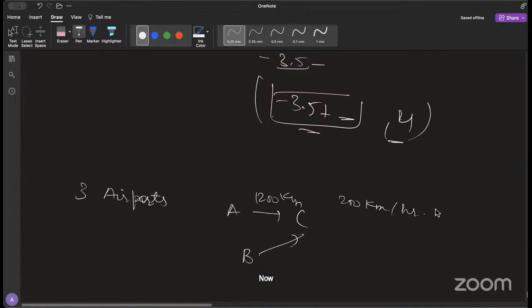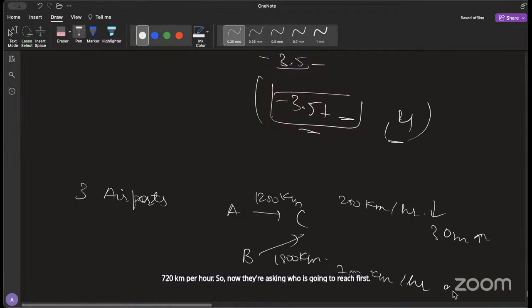Now the second person, going from B to C, the distance between the 2 points is 1800 kilometers, and this flight has an average speed of 720 kilometers per hour. Now they're asking who is going to reach first and how much time will they have to wait.